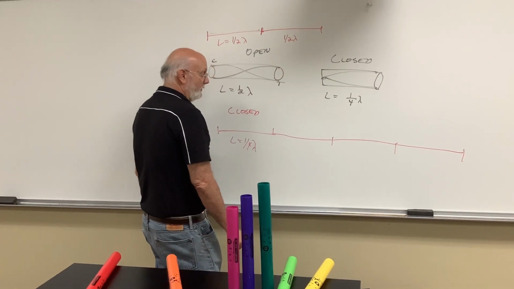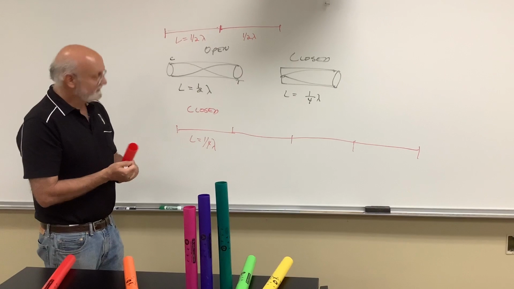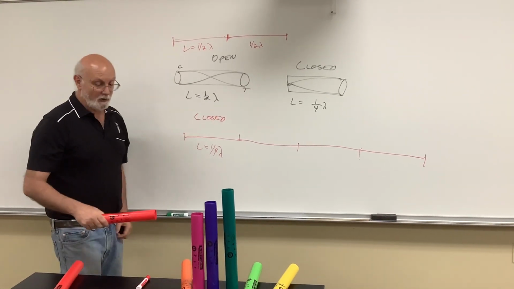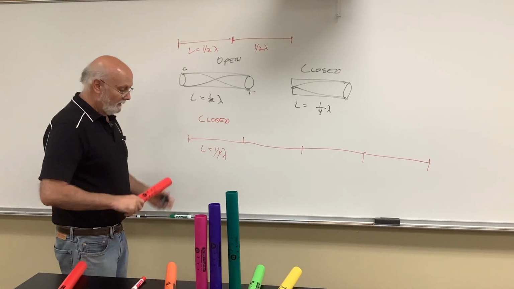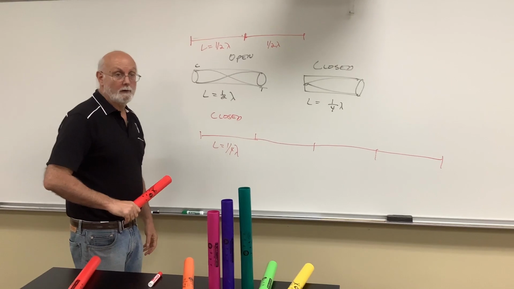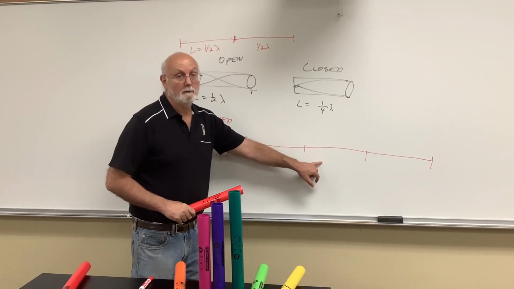So there is my full wavelength. That's why, as you take a look, if I have this one on the open, higher note; I come with this one, lower note. Why? Bigger wavelength, smaller frequency, lower pitch.